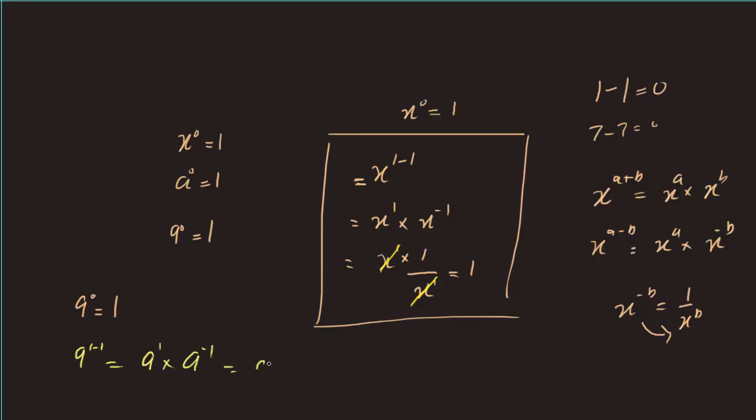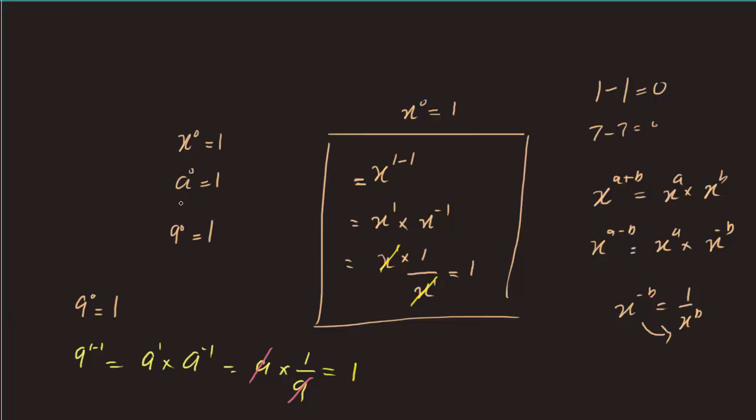Now 9 power 1 is 9, and 9 power minus 1 is 1 over 9, and 9 and 1 over 9 cancel out, and we get the answer 1. The same will be applied with any constant, or anything whose power is 0 will be equal to 1.